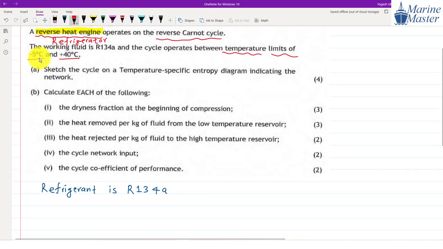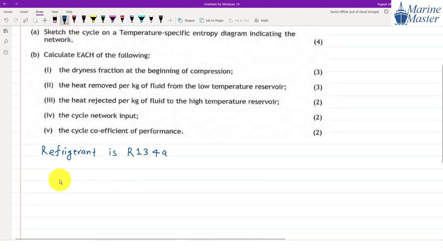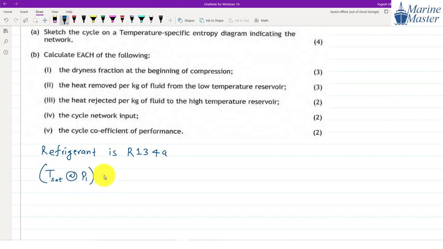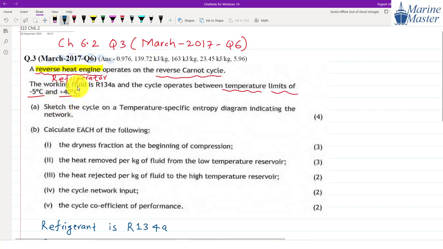This minus 5 means our saturation temperature at P1. Low temperature means the saturation temperature at pressure P1: T sat at P1 is minus 5 degrees Celsius. And second, T sat at P2, the saturation temperature at P2, is 40 degrees Celsius.